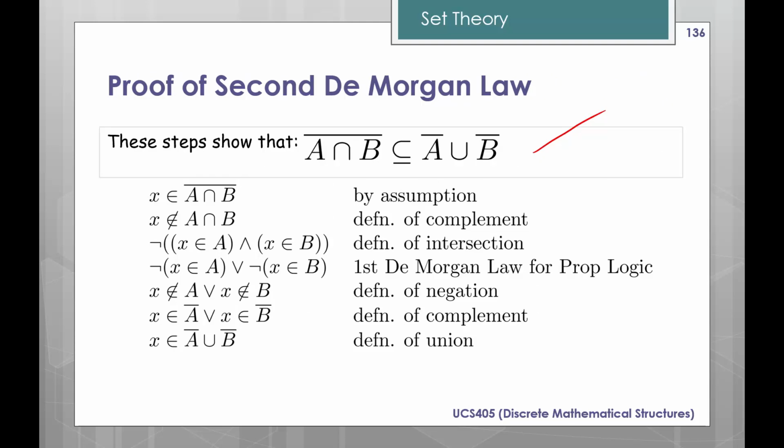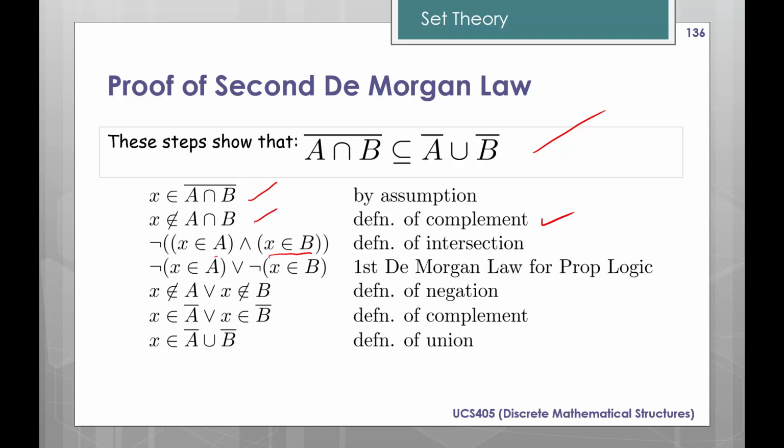For example, let us assume that X belongs to (A intersection B) bar. Now, by the definition of complement, X does not belong to A intersection B. By the definition of intersection, negation of (X belongs to A and X belongs to B).